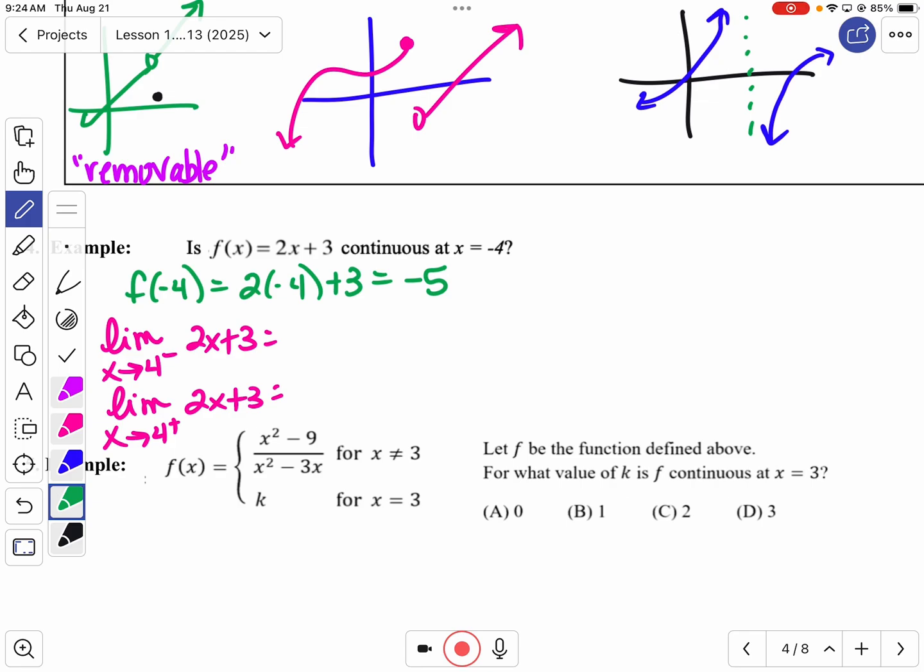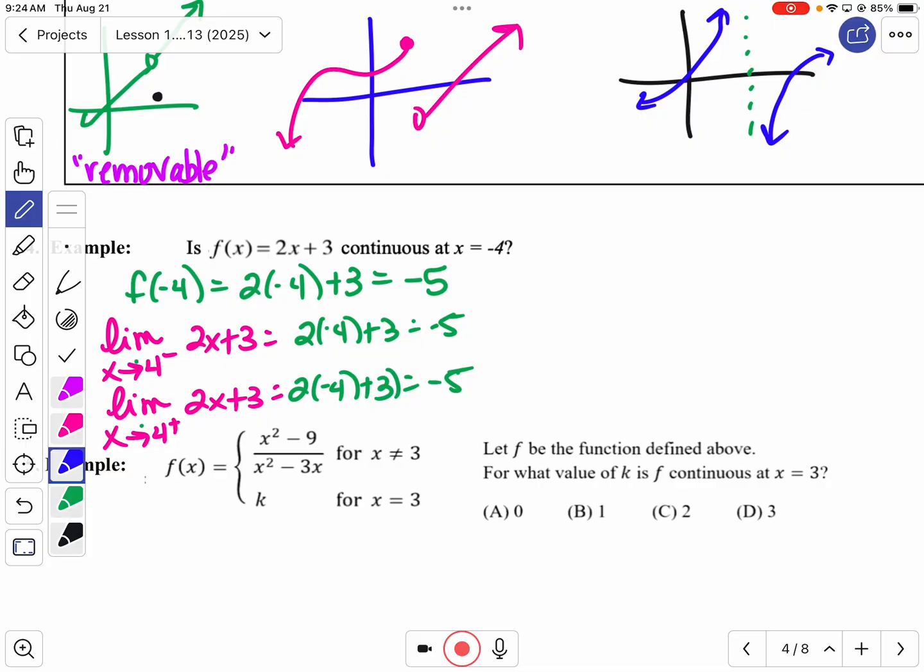How do we evaluate those limits algebraically? Substitute it in. We're going to get, and those are -4s, by the way, 2 times -4 plus 3, which is -5.